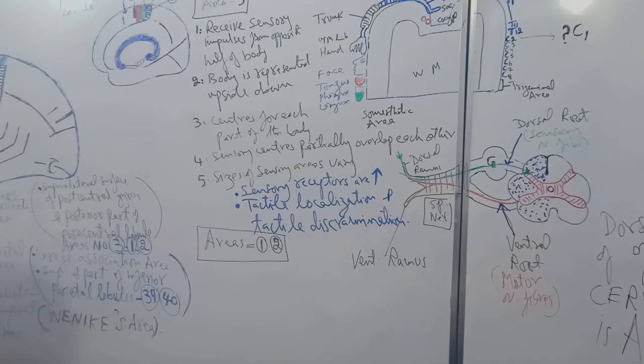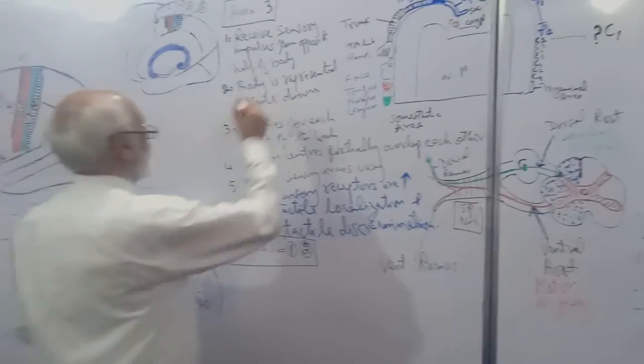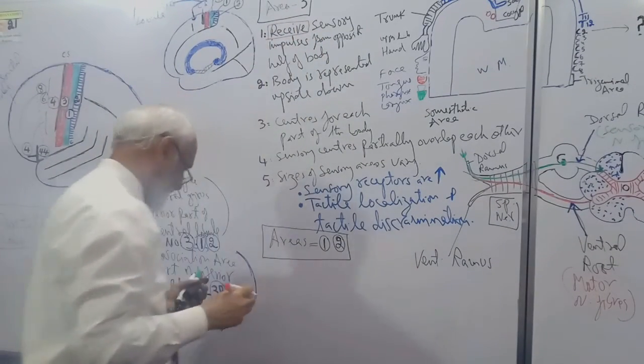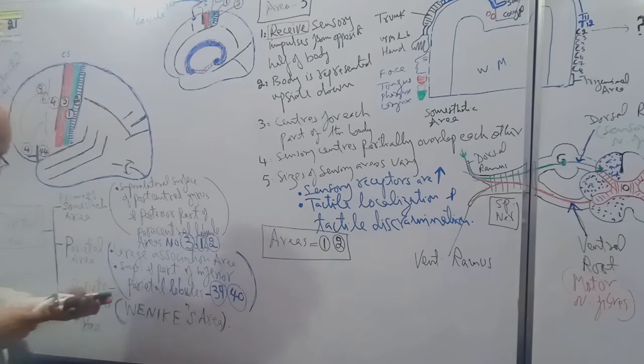Now what about the middle and posterior part of the postcentral gyrus and the posterior part of the paracentral lobule? The middle one is known as Brodmann cortical area number 1 and the posterior one Brodmann cortical area number 2. Area number 3, I told you, just receives the sensations.